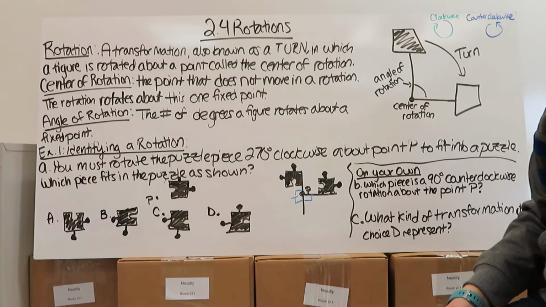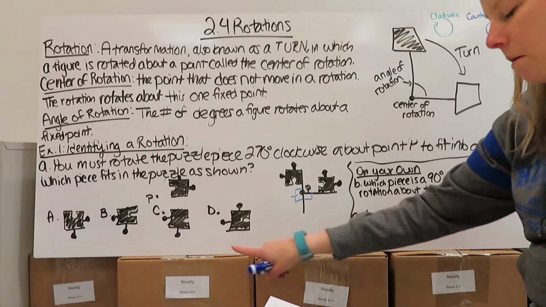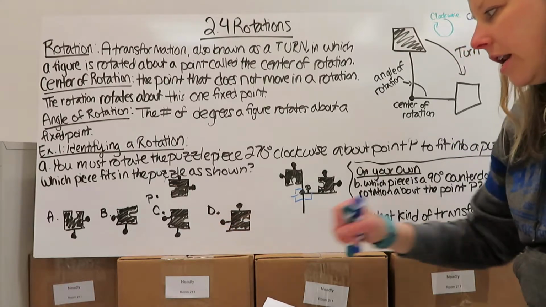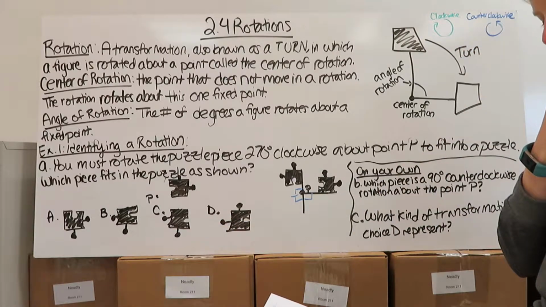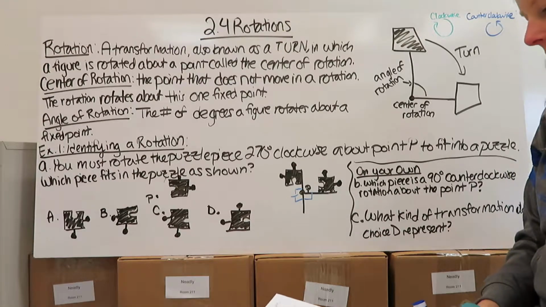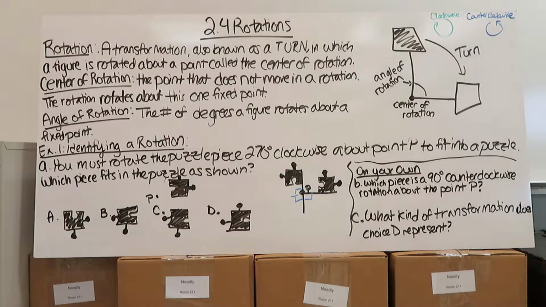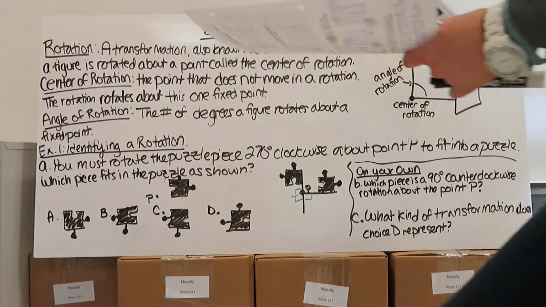So in this case, here is our original piece. Then we're going to go about changing it. Now, if I am looking at my puzzle pieces correctly, I did goof a little bit on letter C. Yours should be just fine. Sometimes this happens when you go to draw them.